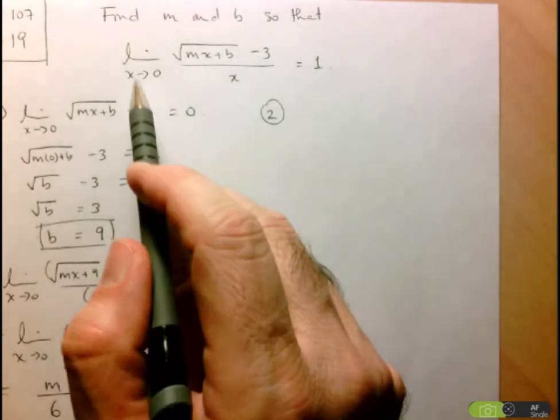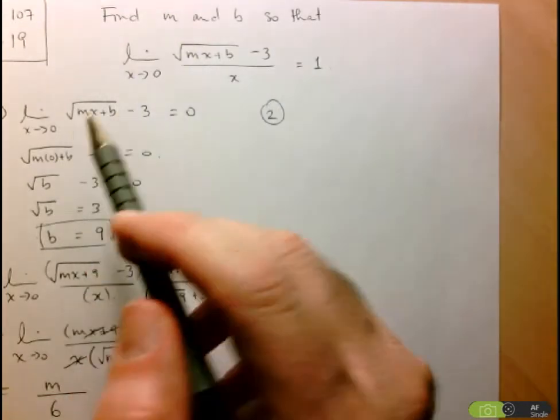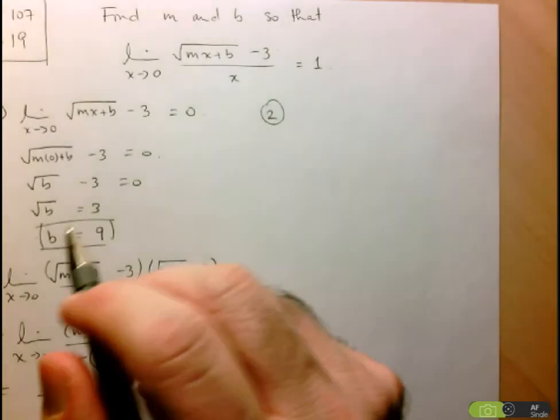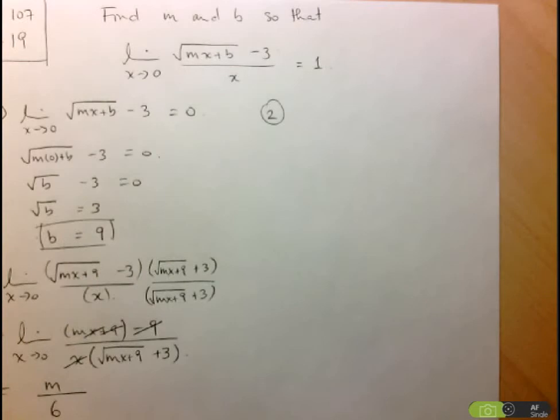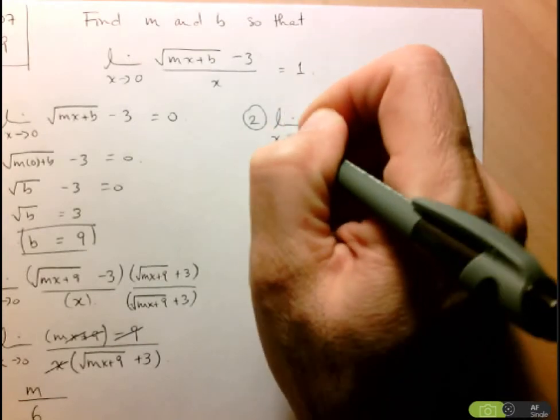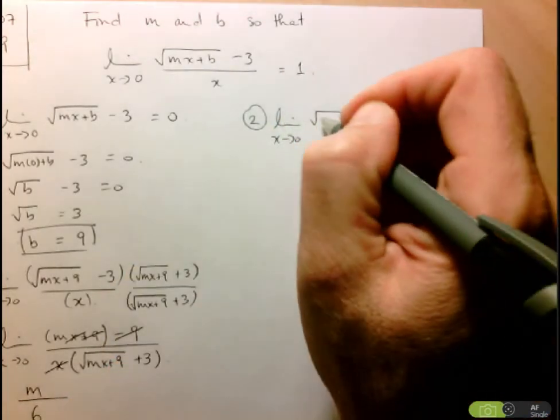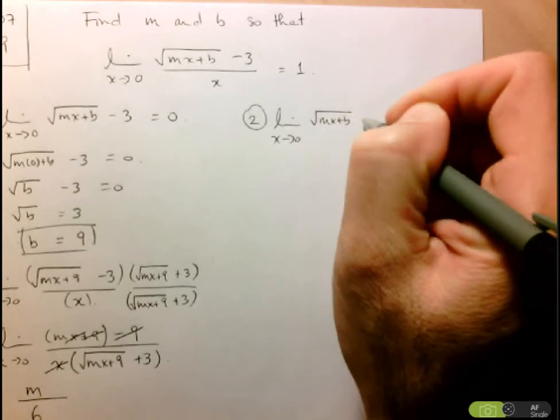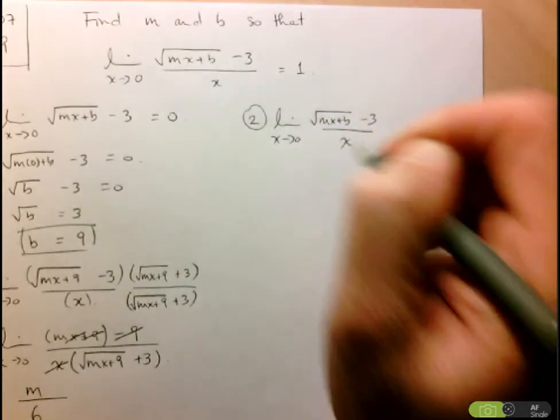Why not just take this limit and start solving it as though it was an indeterminate form? So here, let's say I just start solving. Limit as x approaches 0 of root of mx plus b, minus 3, over x.